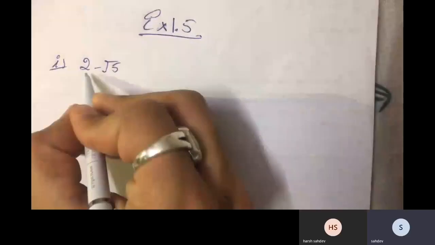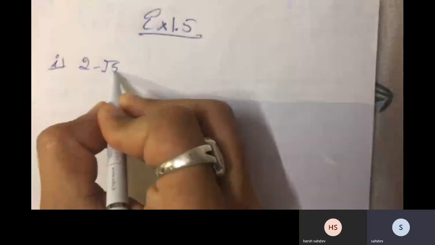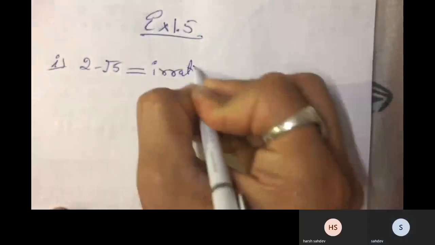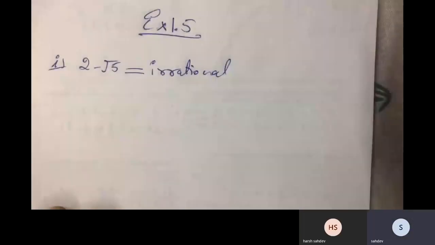We have to classify whether 2 minus under root 5 is rational or irrational. As you know, anything added to or subtracted from an irrational number remains irrational. So this will be irrational, a simple property.